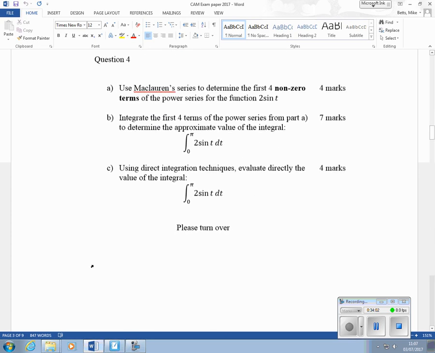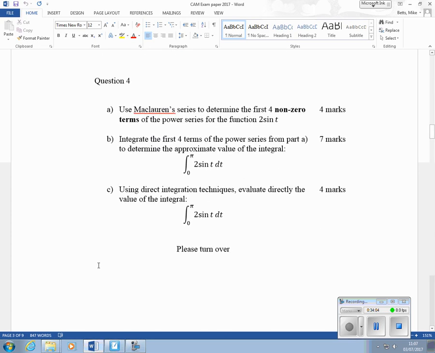Question 4. Maclaurin series. Determine the first 4 non-zero terms of the power series for the function 2 sine t.